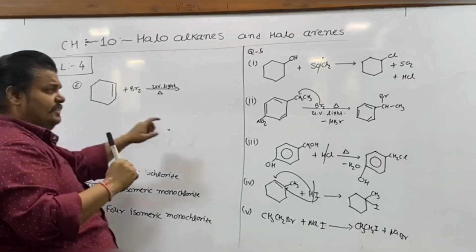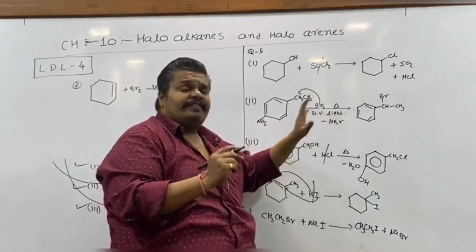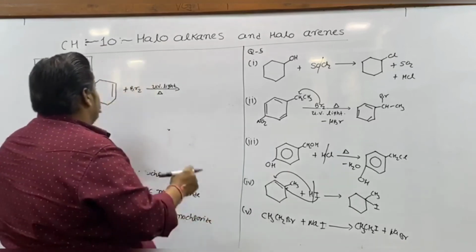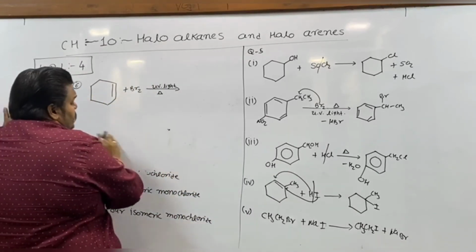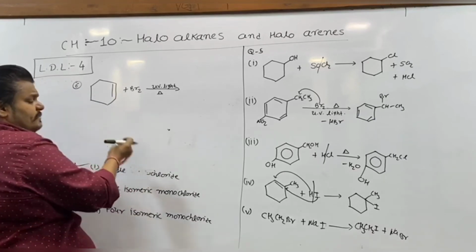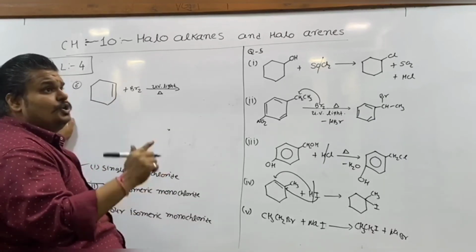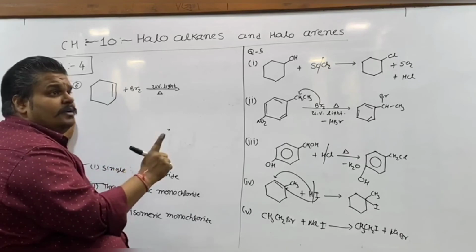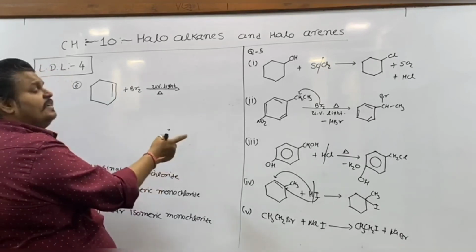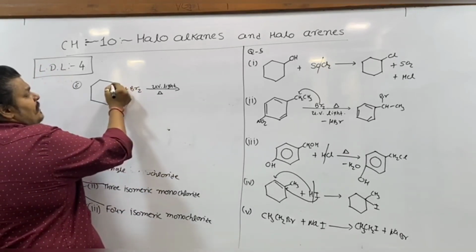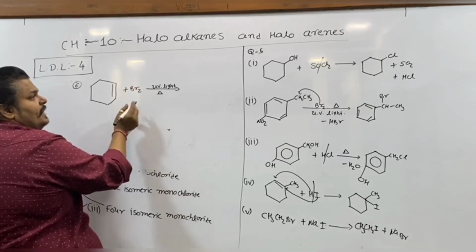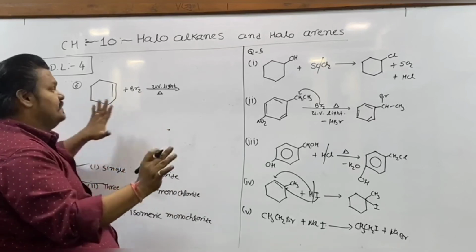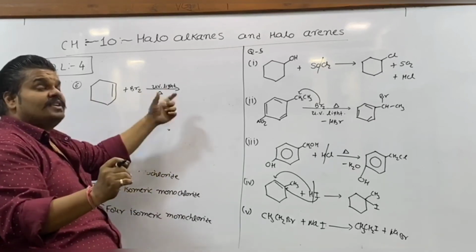As I already mentioned, under the effect of ultraviolet radiation, the reaction mechanism followed is a free radical mechanism, a substitution reaction. No addition product is obtained. Many students will make a mistake by breaking this pi bond. They will arrange Br over here and Br over here. Addition product, no addition product for this catalyst, UV light.